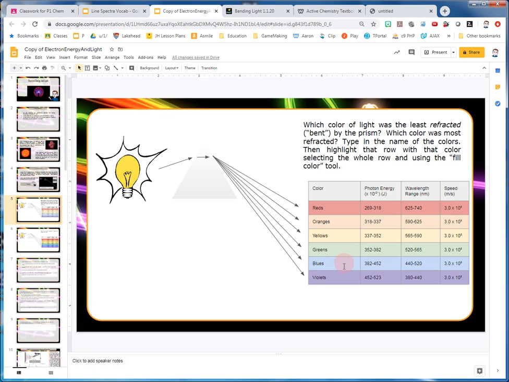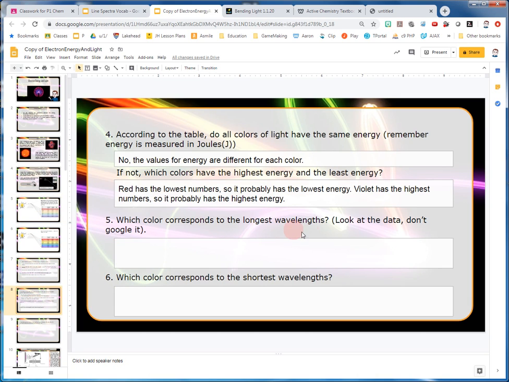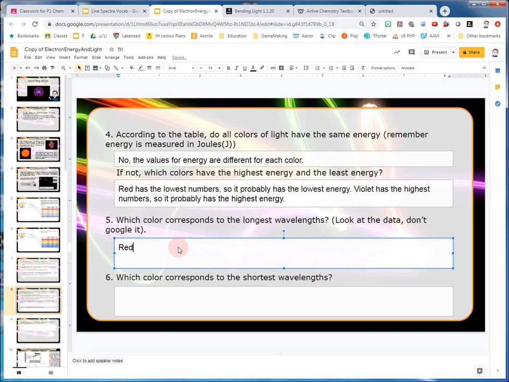Well, I think you'll agree that if you measure its size and you get a big number, that means that it is long, right? So, which has the longest wavelengths? Reds have the longest wavelengths.